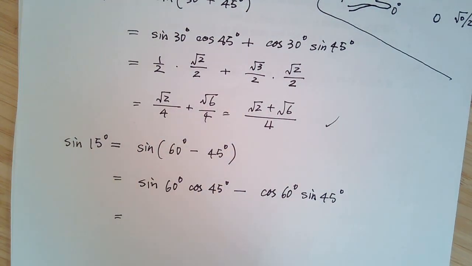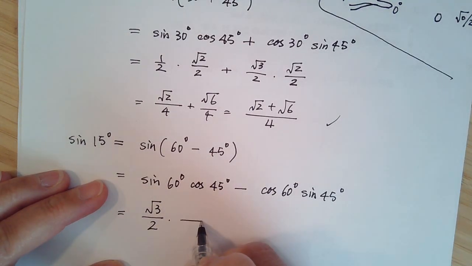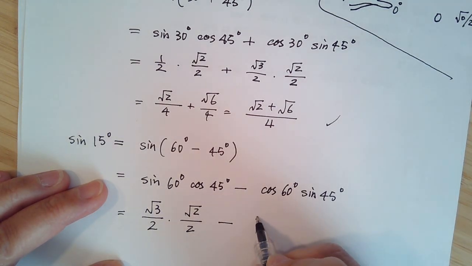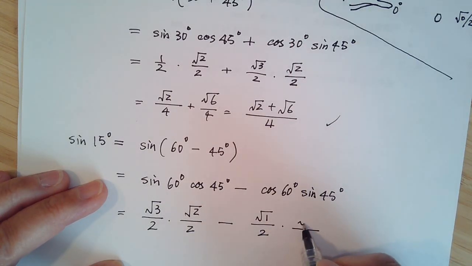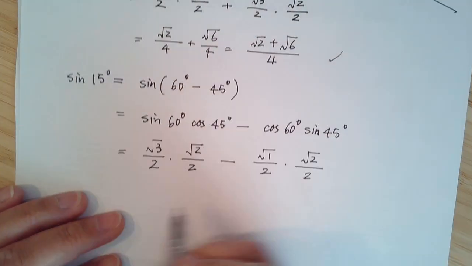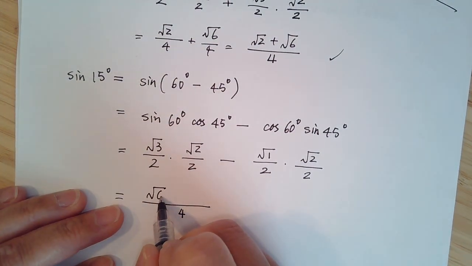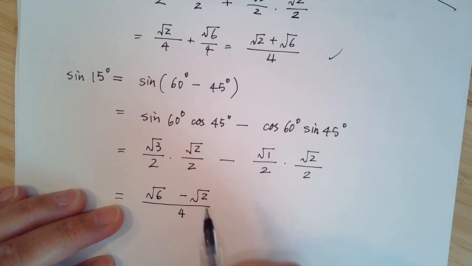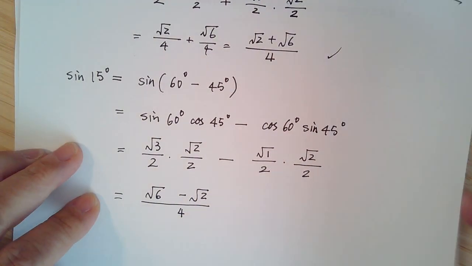Okay, so that is root 3 over 2 times root 2 over 2, minus root 1 over 2, right? Or just 1/2, okay? And root 2 over 2. So your answer will be 4 in the denominator, and the numerator is root 6 minus root 2. Okay, so that is the exact value of sine 15 degrees.